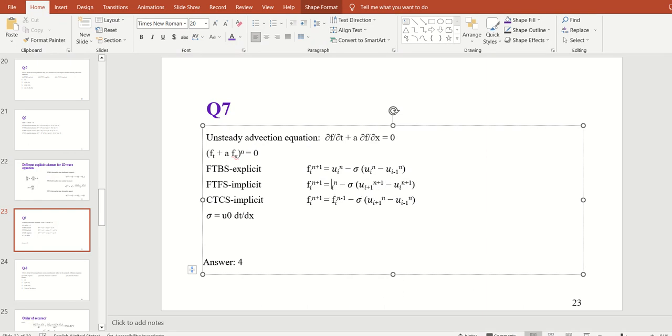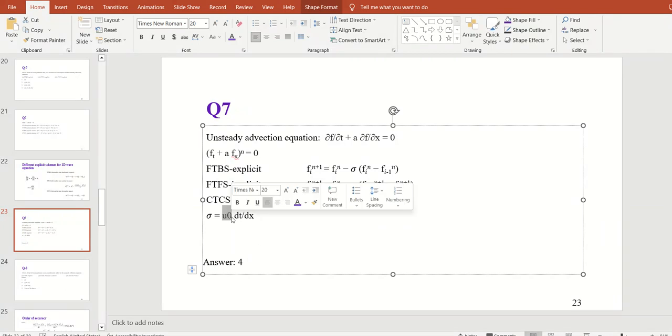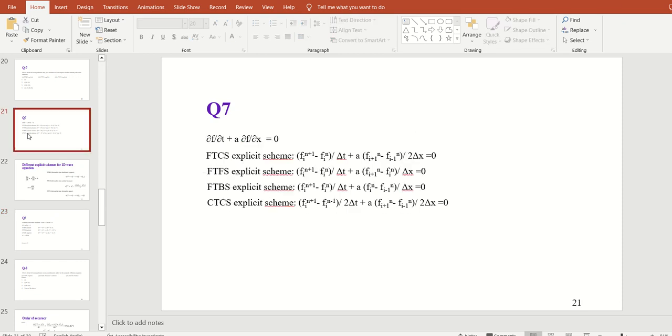One more thing that we should be focusing on is implicit versus explicit schemes. Can anyone tell the difference between implicit as well as explicit schemes? The first slide whatever we have written was for explicit, not for implicit, but in the question some things were asked for implicit as well.